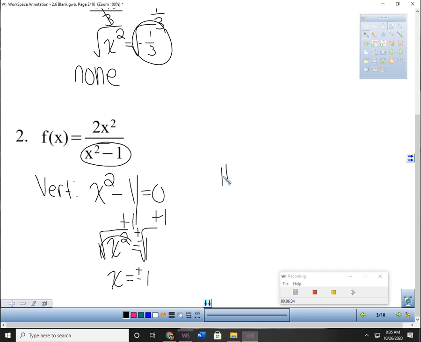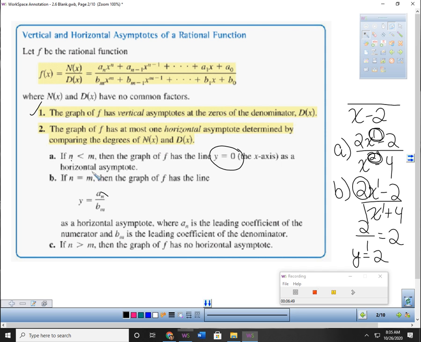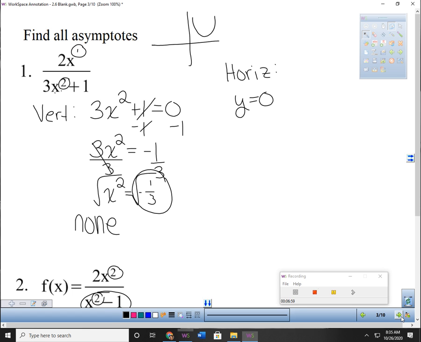All right, so then I do the horizontal, and that's where I'm going to compare degrees on top and bottom. So if you look at the top, your degree up here would be 2. If you look at the bottom, the degree down here is 2. When the degrees are the same, you're going to take the leading coefficient from the top and divide it by the leading coefficient of the bottom.